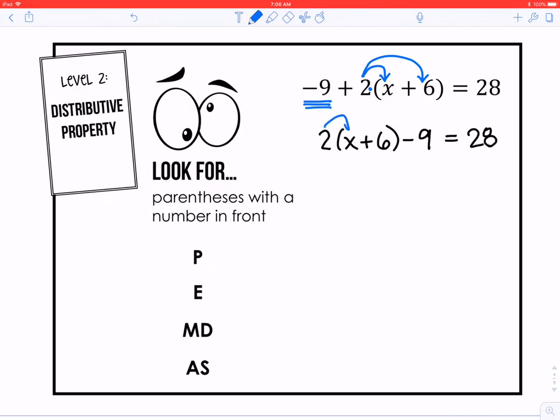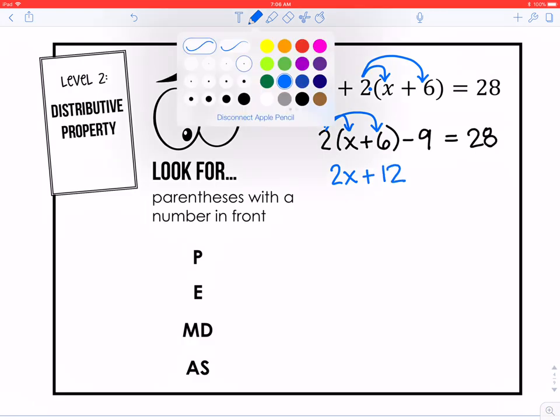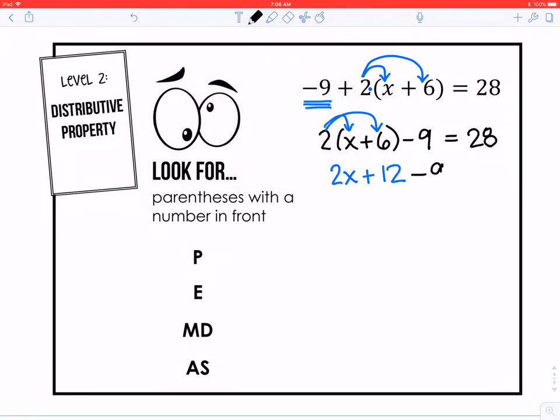So go ahead and do 2 times x is 2x. 2 times 6 is 12. So we've distributed. Everything else that we have in our equation will remain the same. And then we need to do some cleanup. What can we combine? Do I have any other x's? Nope, that's my only one.